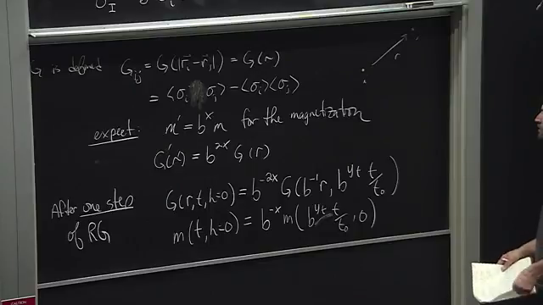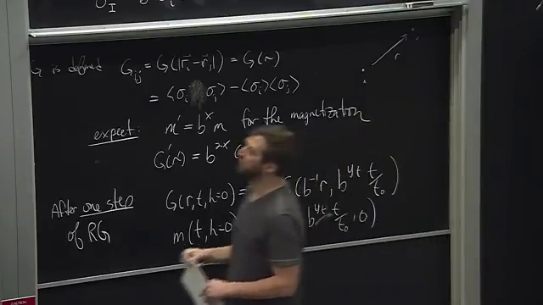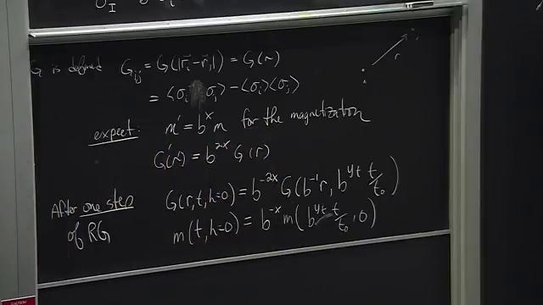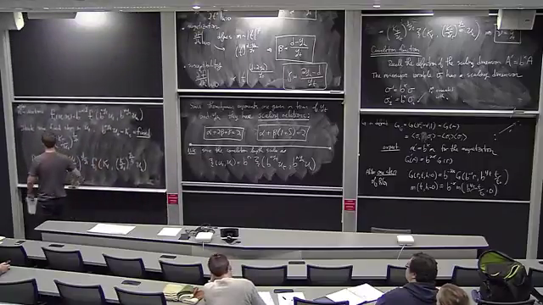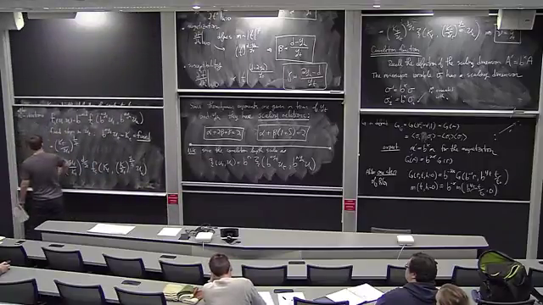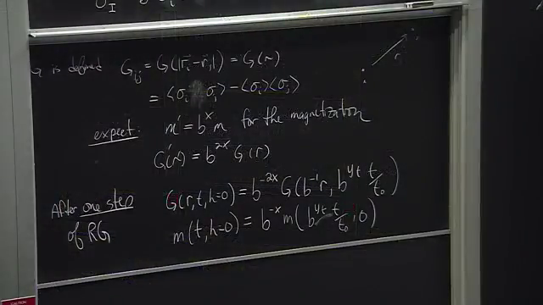But if I look back at my free energy after one iteration, I have it written up here. Oh, that's n iterations. I can also calculate m in terms of one iteration here. So let me just replace n with 1.